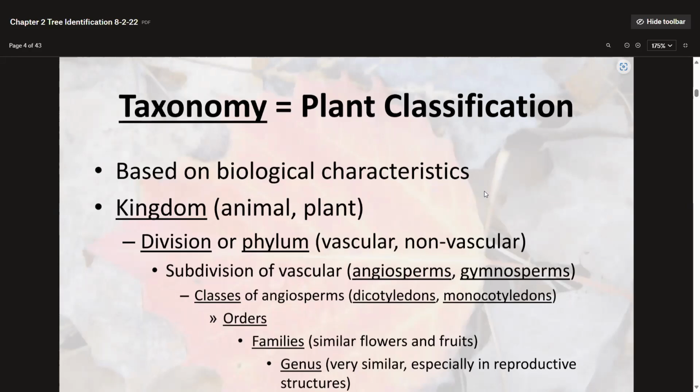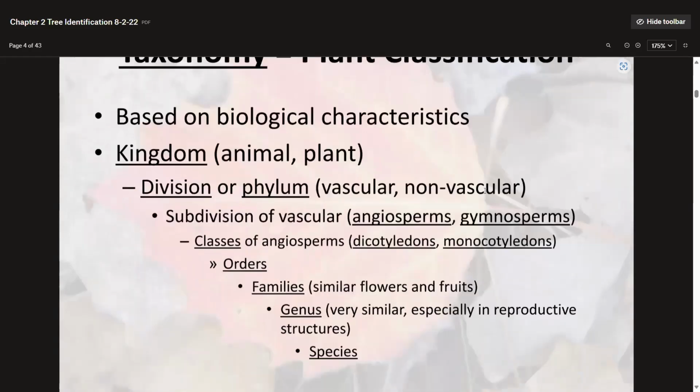It's based on biological characteristics. It starts off with kingdom, which is either animal or plant. Well, obviously, with trees, we're dealing with plant, right? Then you have your division or your phylum, and it deals with vascular and non-vascular types. Below that, you have your subdivision of vascular, which is your angiosperms or gymnosperms, okay?